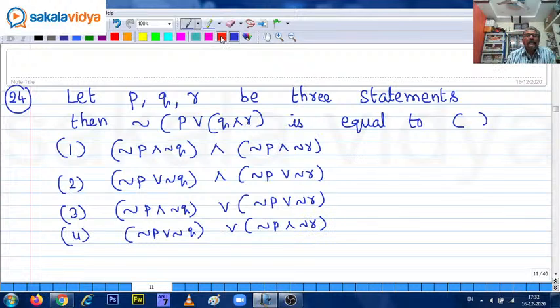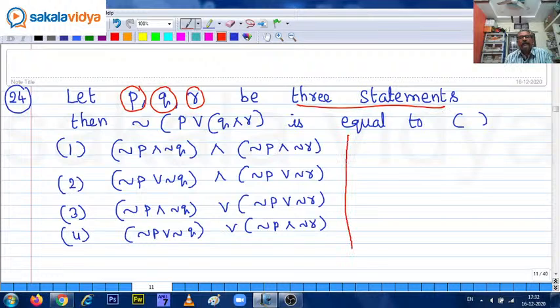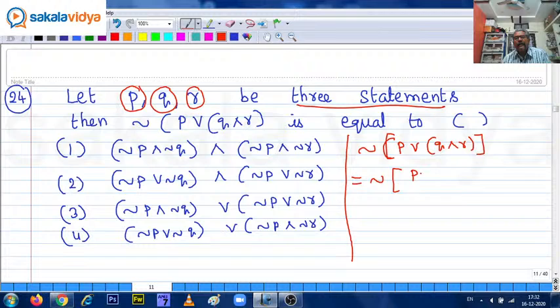This problem is related to mathematical reasoning. Very simple problem. P, Q, R, 3 statements. We need to find out negation of P or (Q intersection R). First let me explain this one. This can be written as negation of (P or Q) and (P or R).